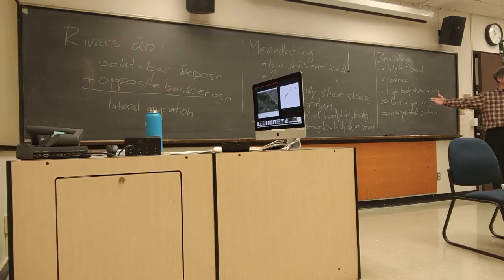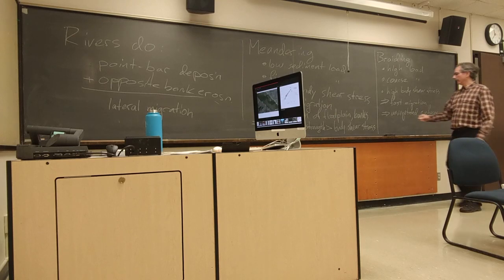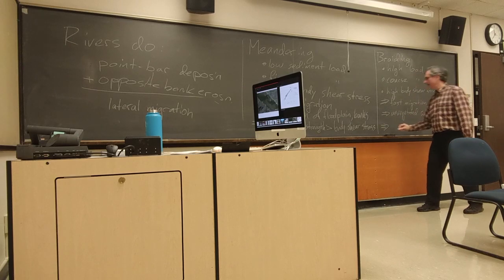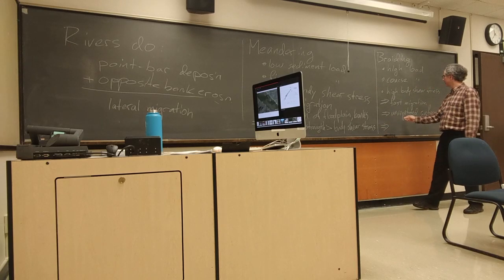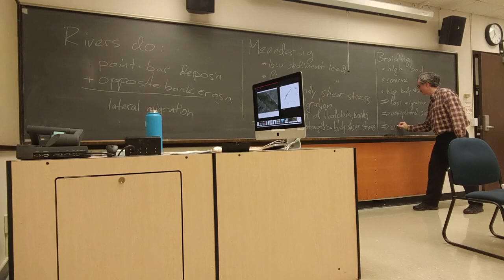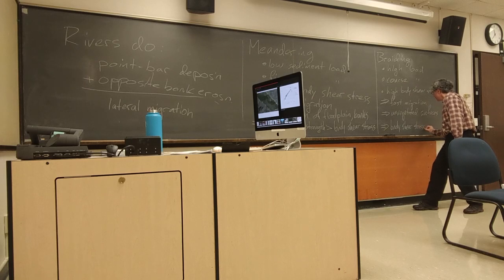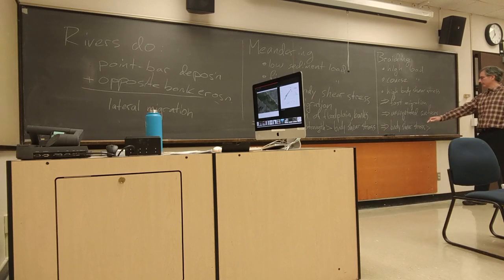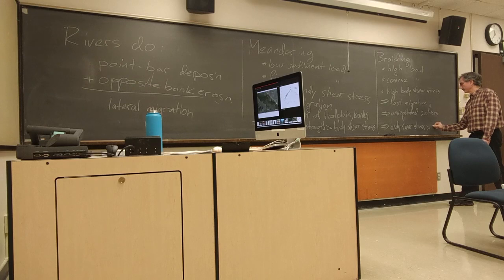Or maybe we're in Alaska, where the growing season's very short anyway. But what that's going to mean is that in this case, my boundary shear stress is going to win. The boundary shear stress is going to be greater than any floodplain strength.